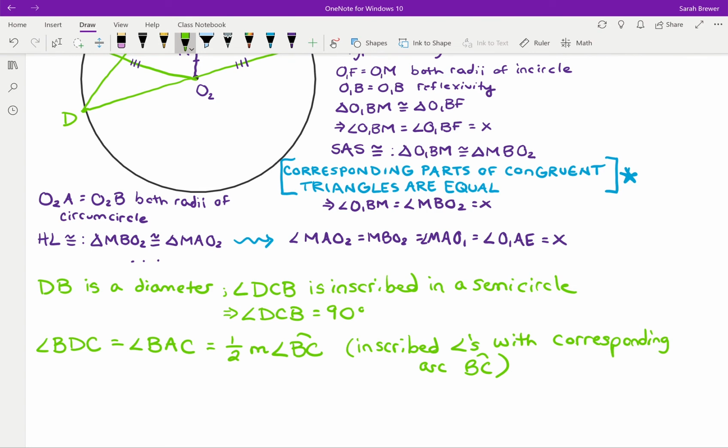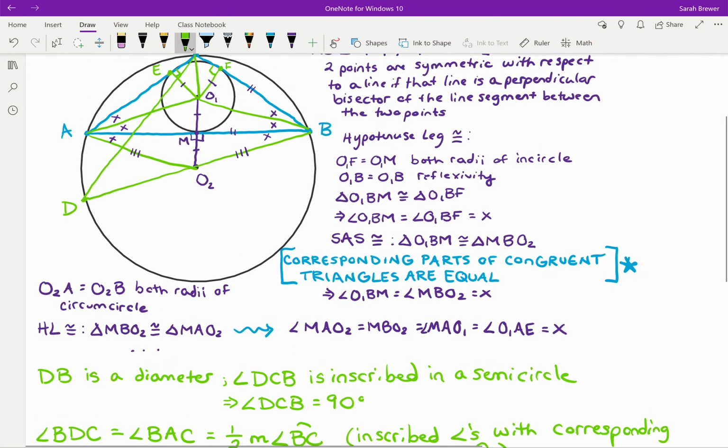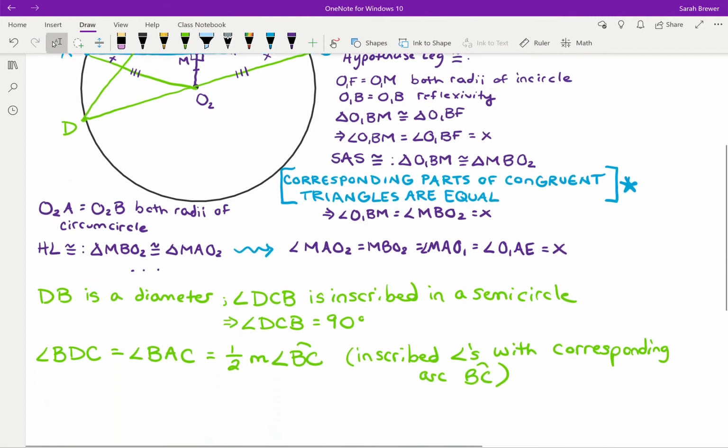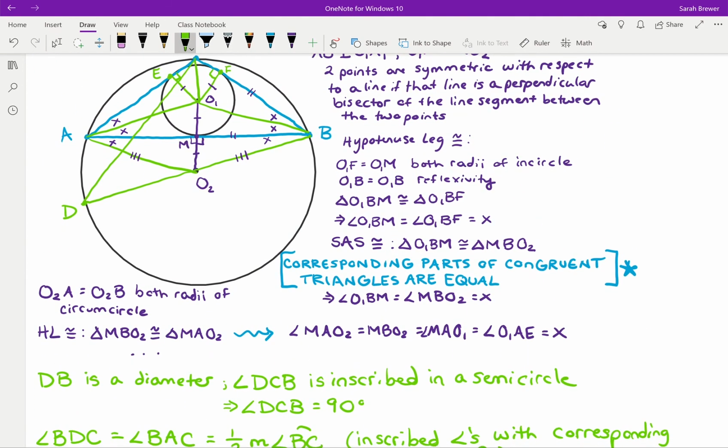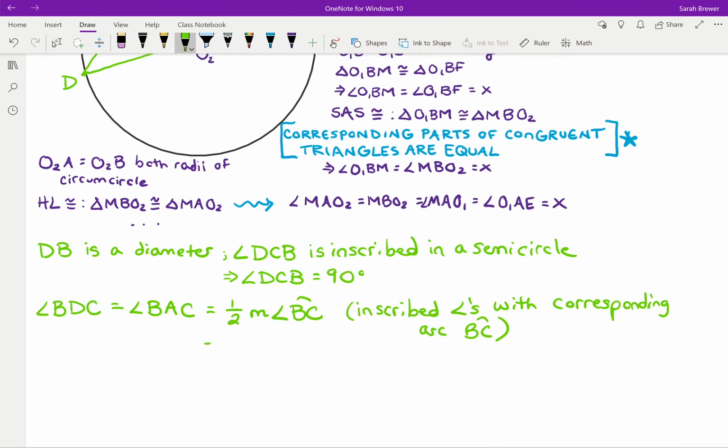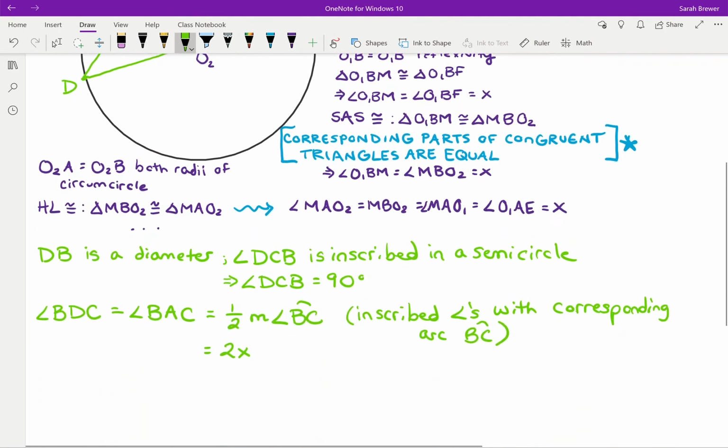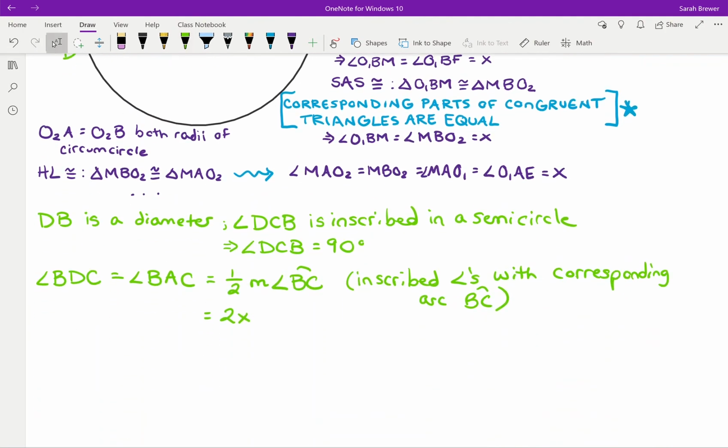Right? And, well, we also know that angle BAC is 2x, right? Because x plus x gives us 2x. Cool. So I know that angle BDC is equal to 2x. So that's going to be useful information.